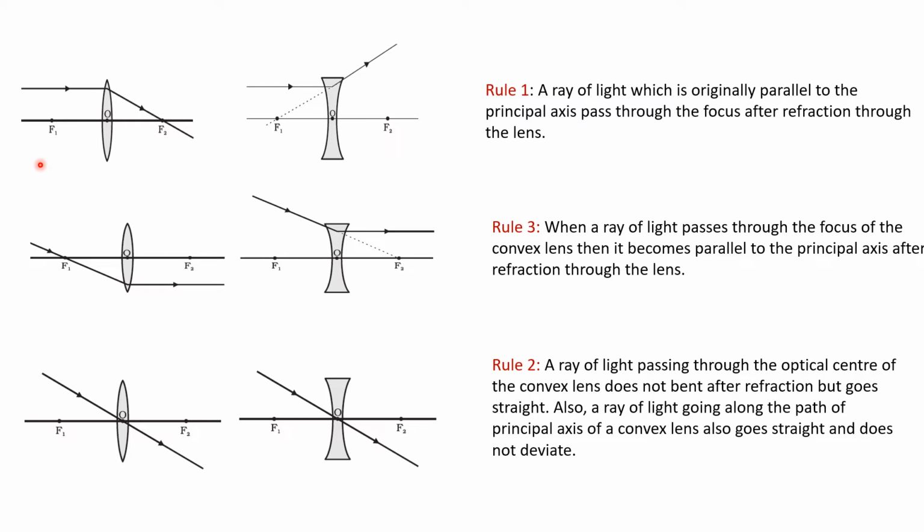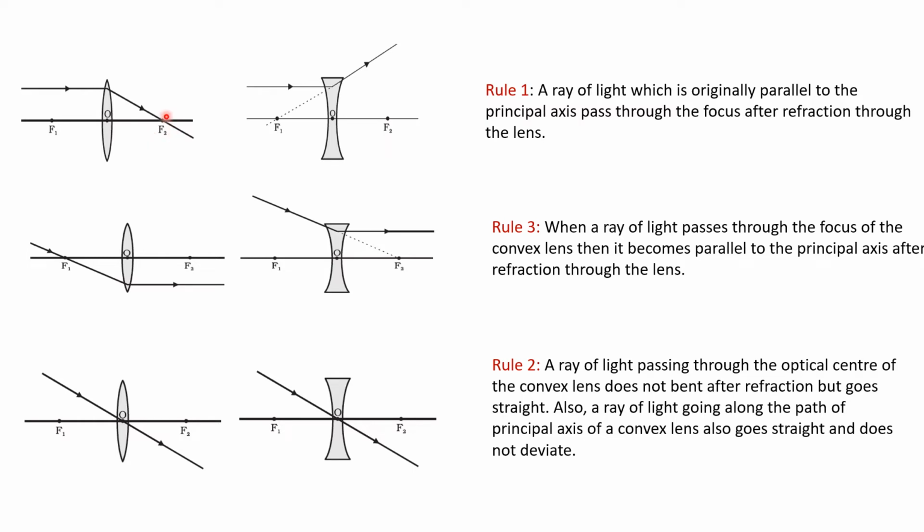Let's see rule number 1. A ray of light which is originally parallel to the principal axis, after refraction passes through the focus. This is the principal focus in the case of convex lenses.